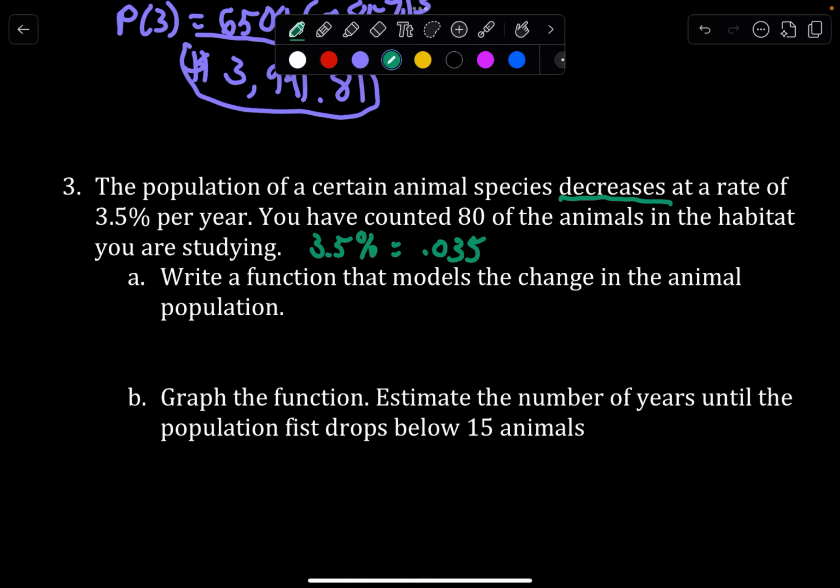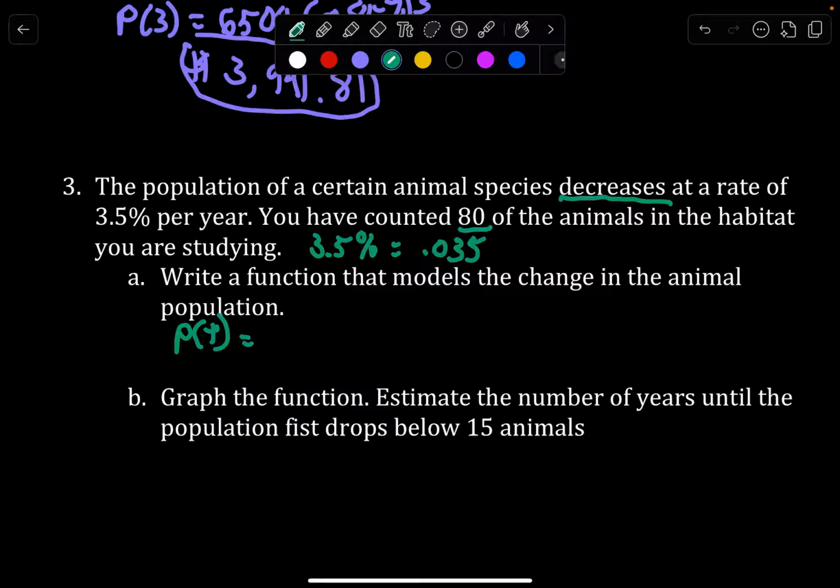Actually, I want to talk about B because we're not going to graph it by hand. So we're going to use guess and check once we get the model. So we have P as a function of T. Its initial amount was 80, right? It says 80 of the animals in the habitat.